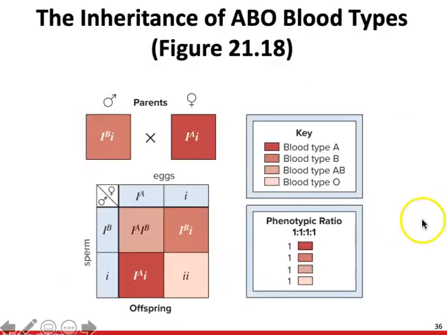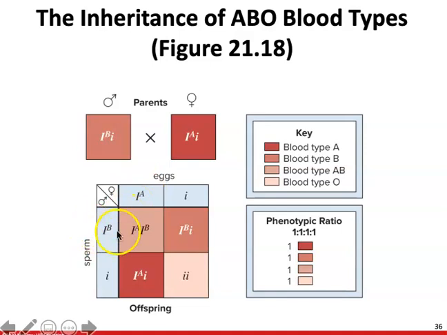So here is just an example of the inheritance of ABO blood types. In this example here, we have one parent who is a B blood type and one who is type A. But in this case, both of these parents are heterozygous for their blood types. So this individual is going to be type B, or is going to be BI alleles, and this one is going to have an AI allele.